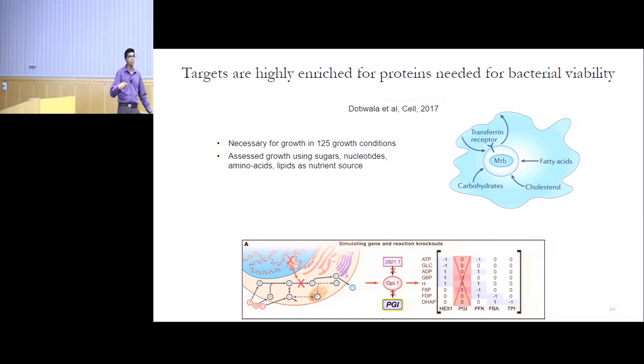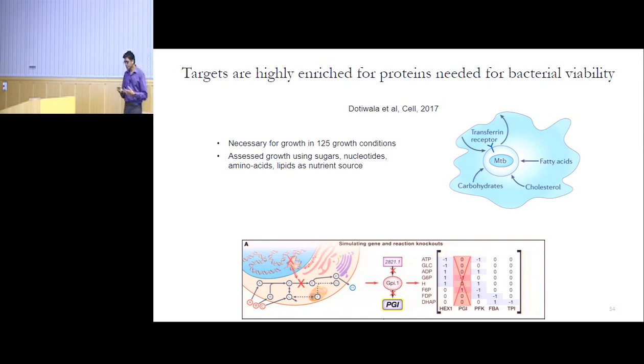Whereas inside the body, the bacteria is able to grow using a variety of nutrients. For example, MTB, the bacteria that causes tuberculosis, can consume fatty acids, cholesterol, carbohydrates. So it has a very flexible metabolic network. So if the enzyme just went after one metabolic pathway, like glycolysis, then the pathogen would just use a different pathway to produce energy. And so by targeting hundreds of different pathways, it's preventing the bacterium from surviving inside the cell.